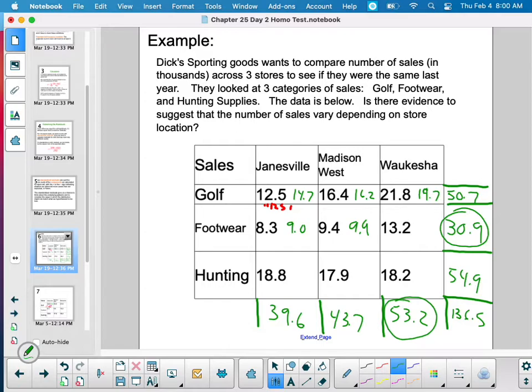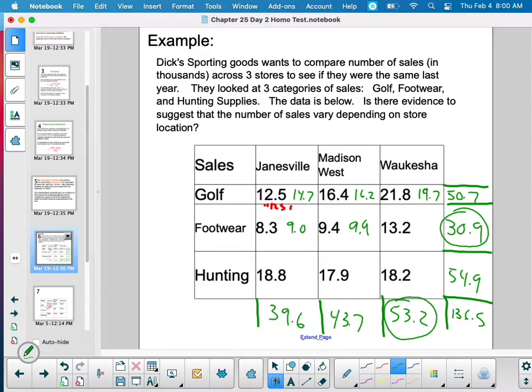Let me check that. 30.9 times 53.2 divided by 136.5. I got 12.0. Try that again.